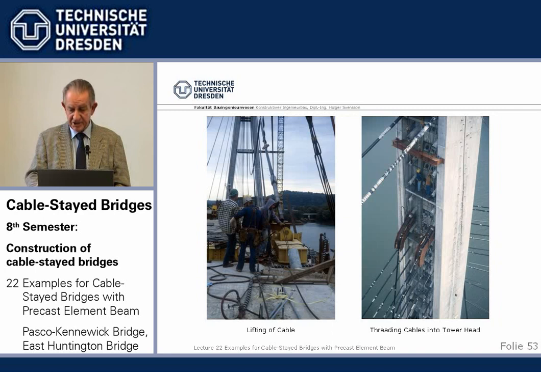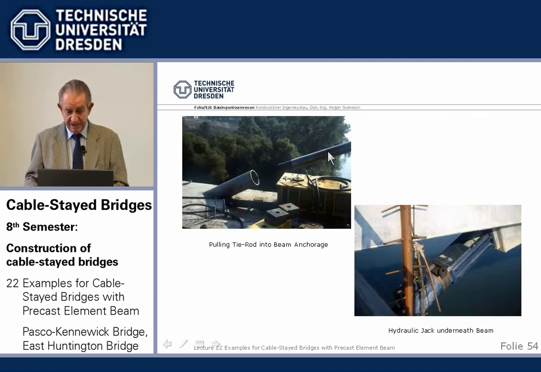Cable installation, similar as we had it, parallel wire cables, introducing the overlapping in the tower head, using these bananas cable guides. Then pulling at the beam, pulling the tie rod with the strand here into the steel pipe to the jack.